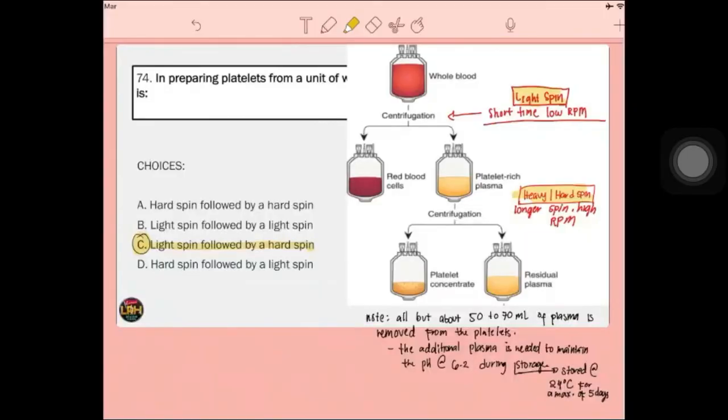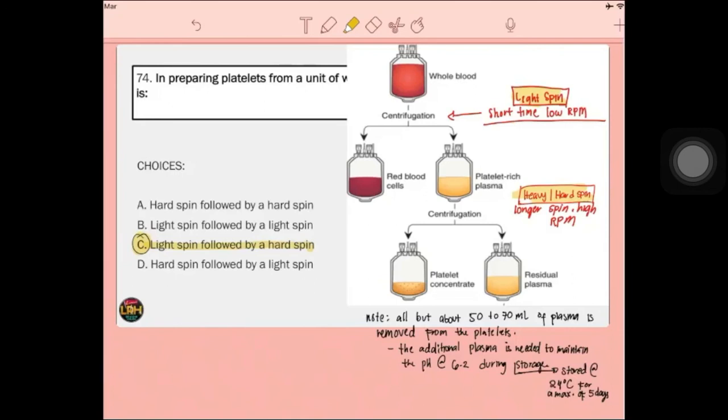In preparing a platelet concentrate, we need freshly collected whole blood. This will be subjected to a series of centrifugation. Firstly, the first centrifugation will be a light spin, which requires a low RPM and a shorter time span of centrifugation.